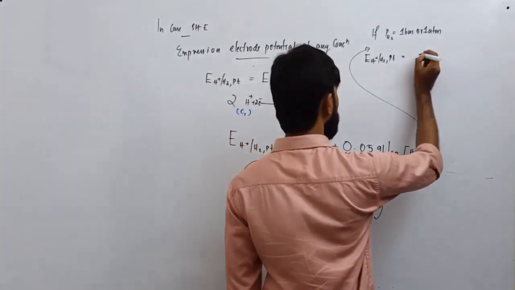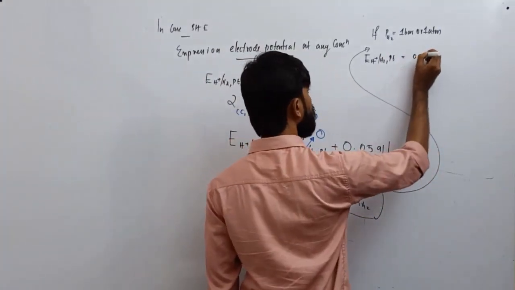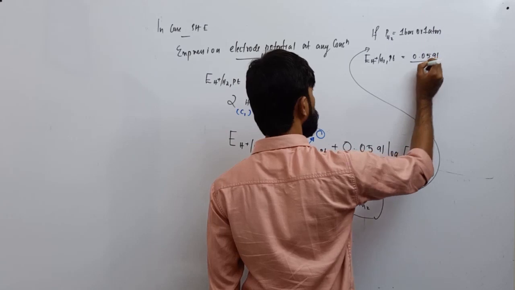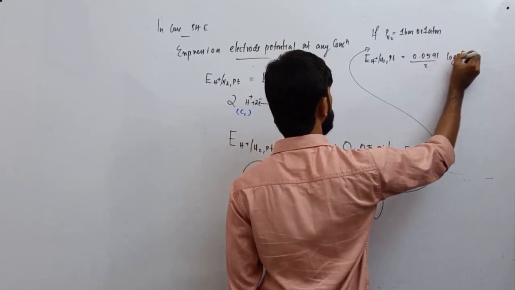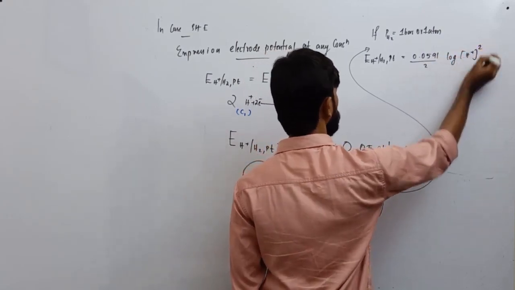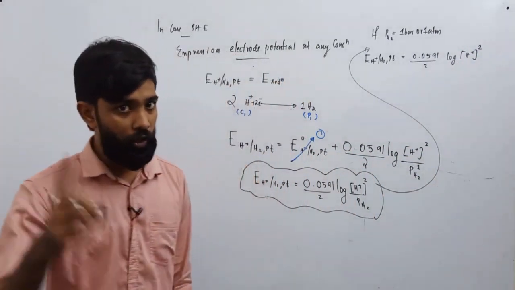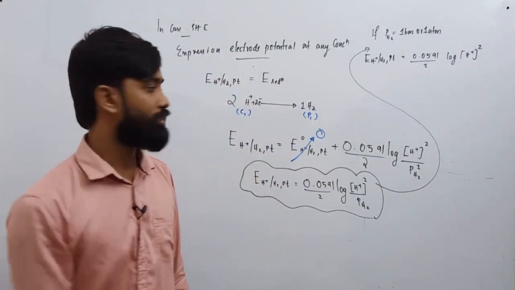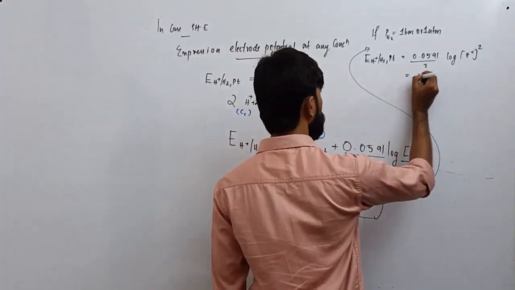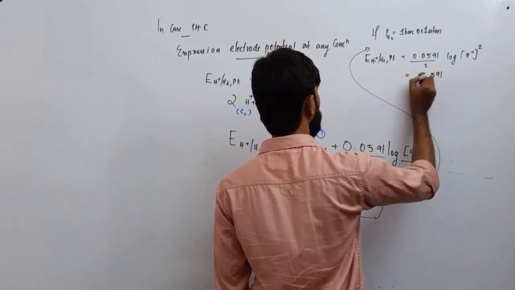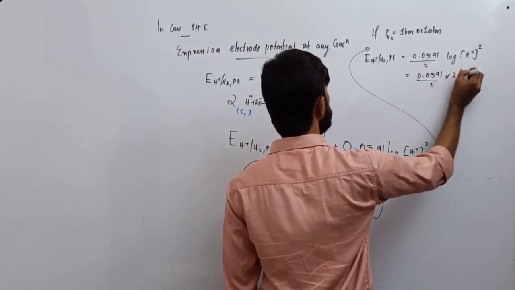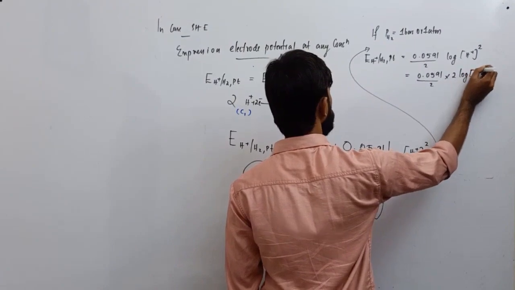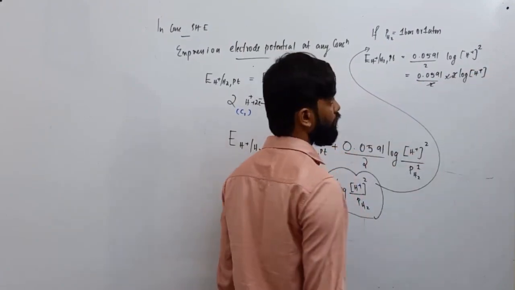Yes, it will be 0.0591 by 2 log H plus raised to 2. And you know the property, log x raised to n is n log x. So this one will be 0.0591 by 2 into 2 log concentration of H plus, right? Yes, this 2 is cancelled.